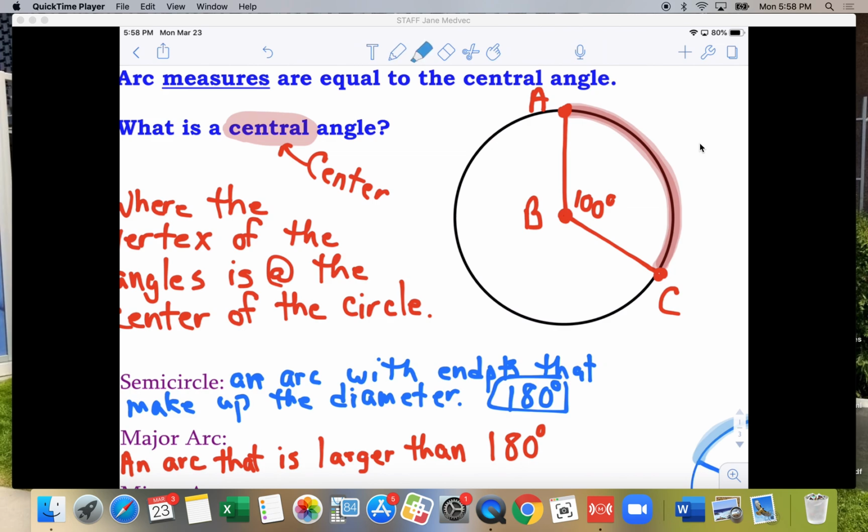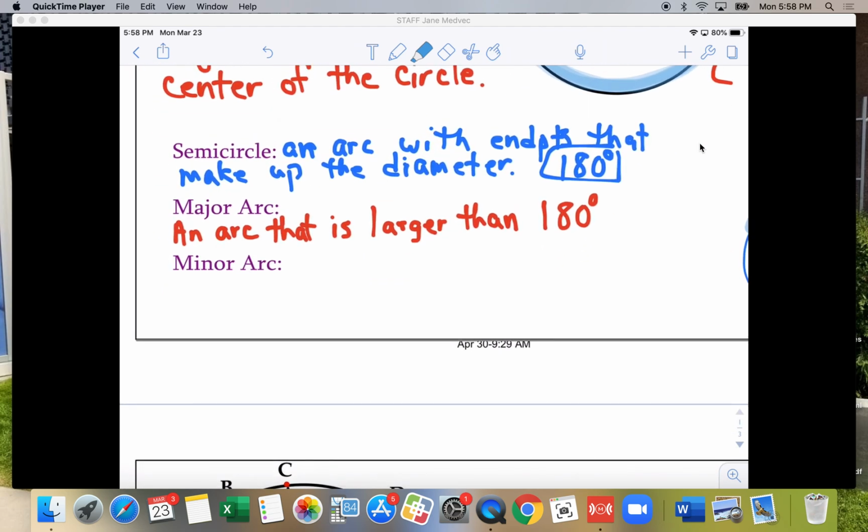So the major arc in this circle is ABC. It's this piece right here, because it's more than 180 degrees and I name it with 3 letters. Always named with 3 letters.